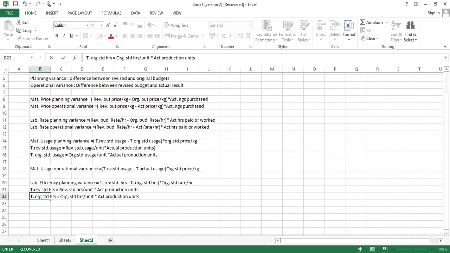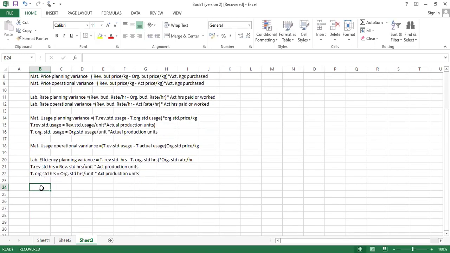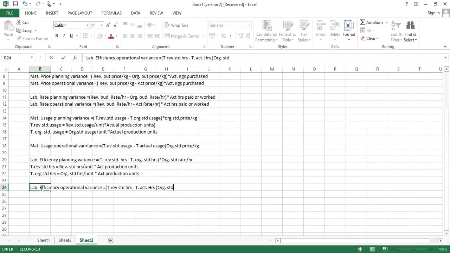Next one is labor efficiency operational variance: total revised standard hours minus total actual hours, into original standard price per hour.